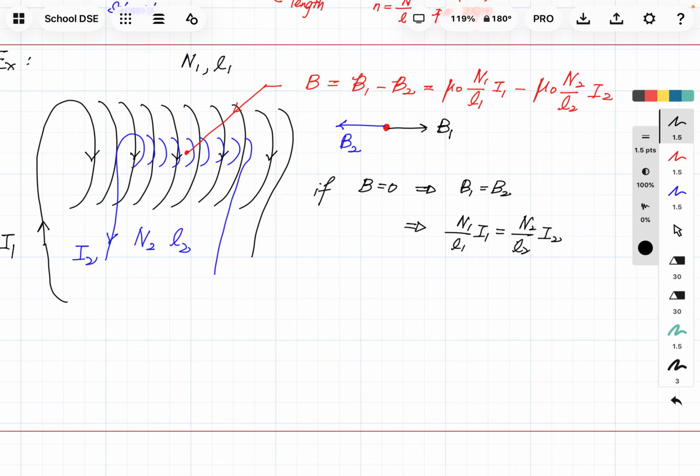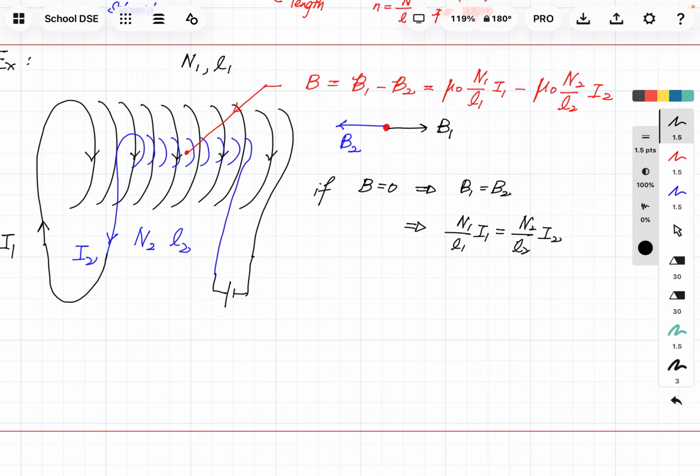And B1 plus B2? No. Why B1 plus B2? There's no current in the solenoid. Let's call it solenoid 1 and solenoid 2. There is no current in solenoid 2.